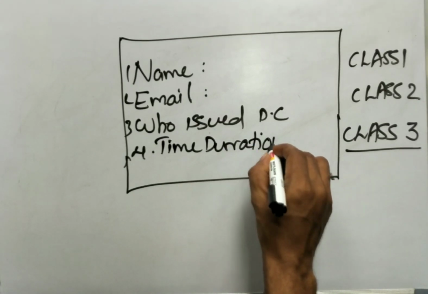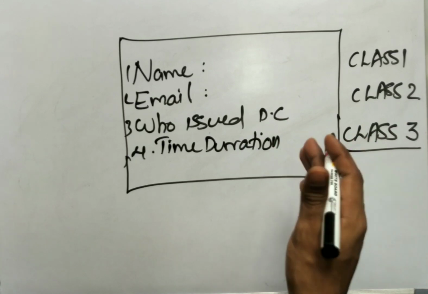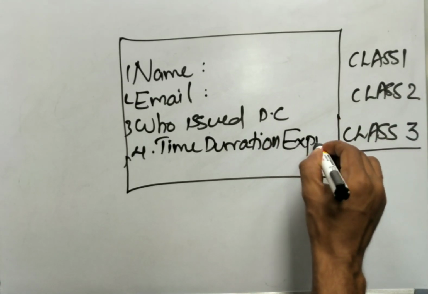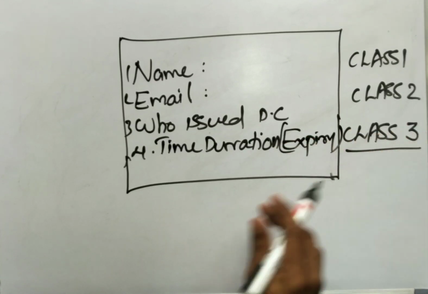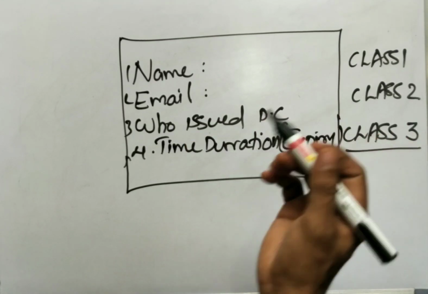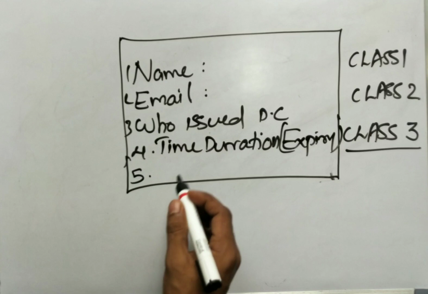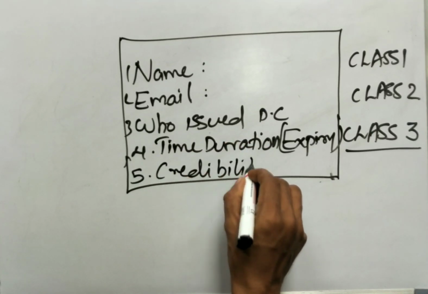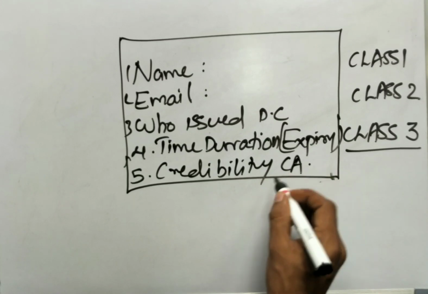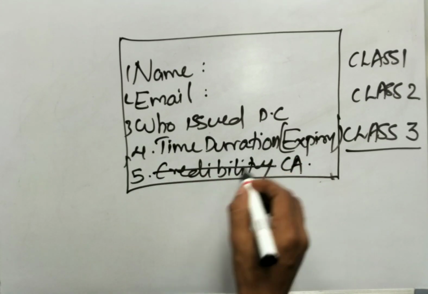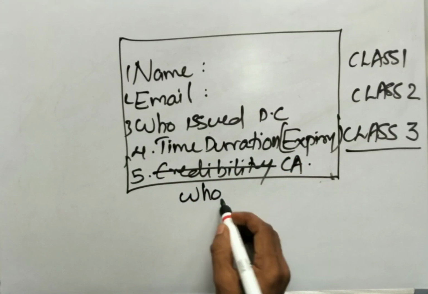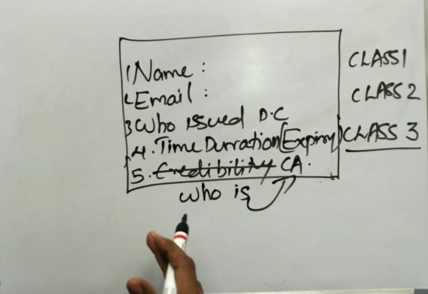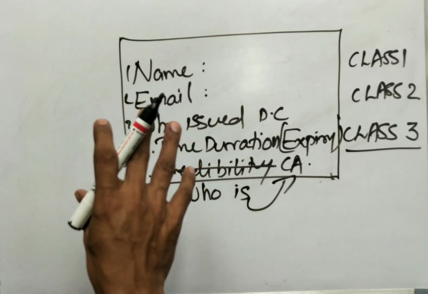So maybe 1 year. After 1 year, this digital certificate will expire. So the expiry information, okay, that is a better word. The expiry information, who issued this digital certificate, and what is the credibility of the certifying authority, meaning who the certifying authority is. All this information will be included in a digital certificate.